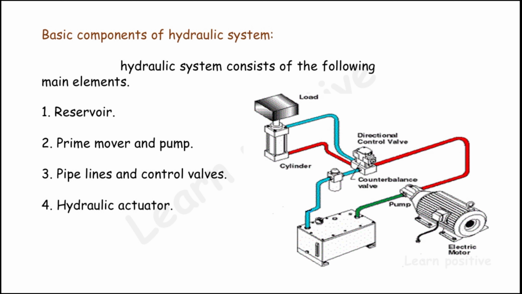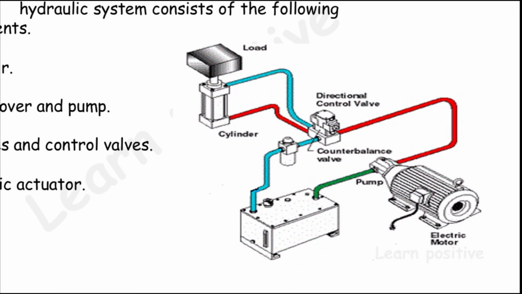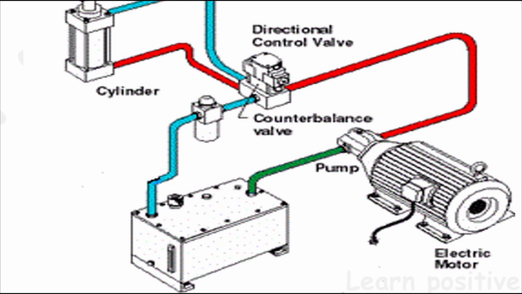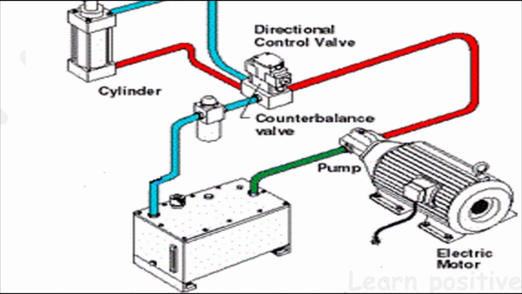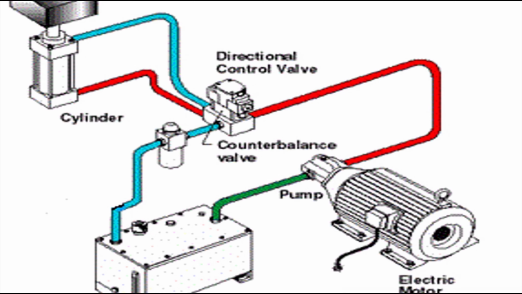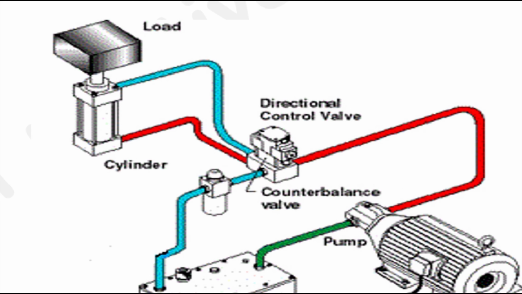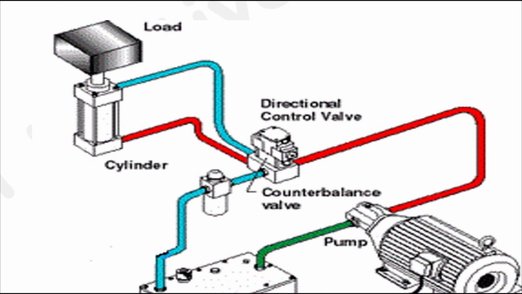Now, see this circuit diagram. This is the full set of hydraulic components, and see on the bottom, the first box is the reservoir. From the reservoir, we have a pipeline to the pump, and from the pump we have a circuit to the direction control valve, and from the direction control valve it goes to the bottom of the cylinder.